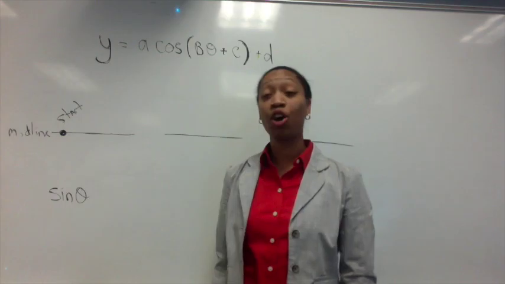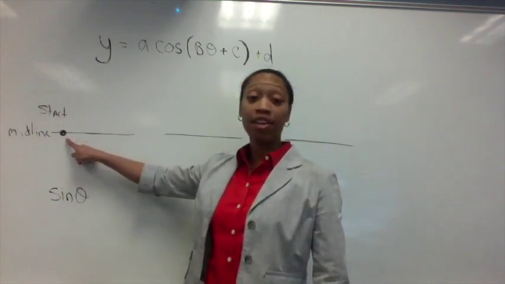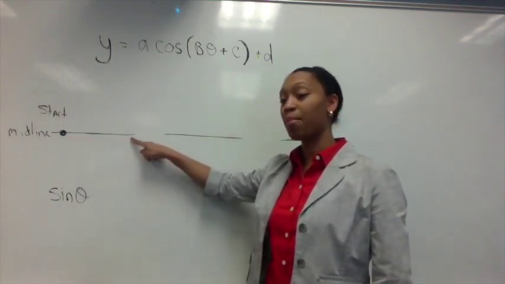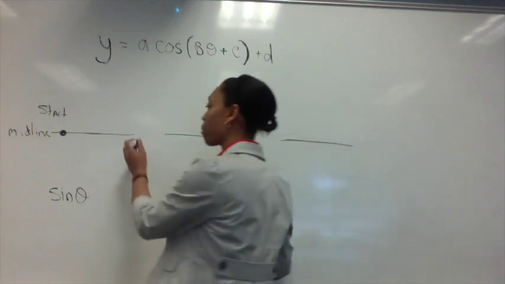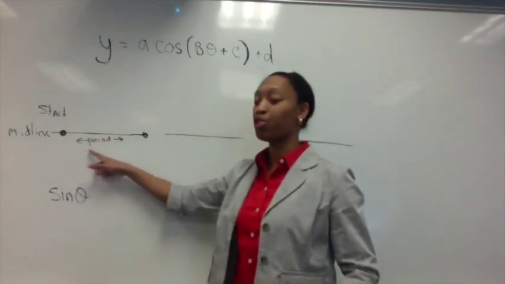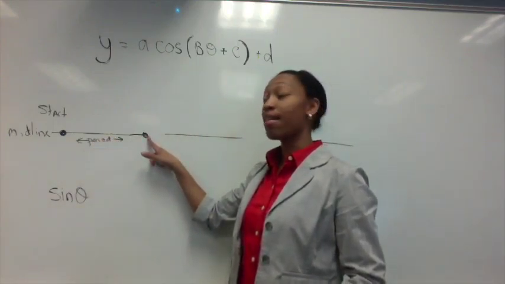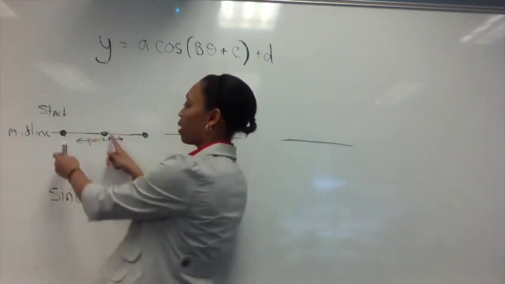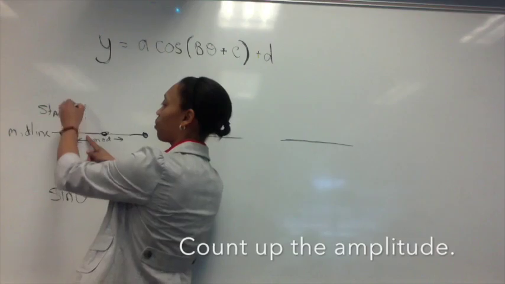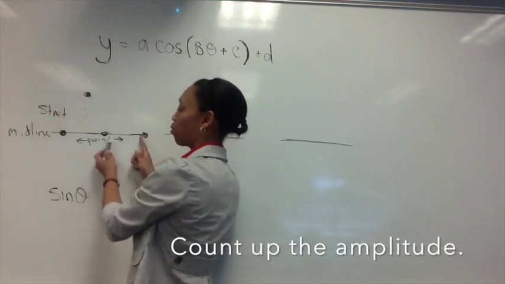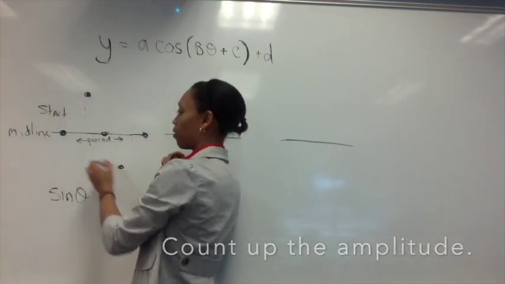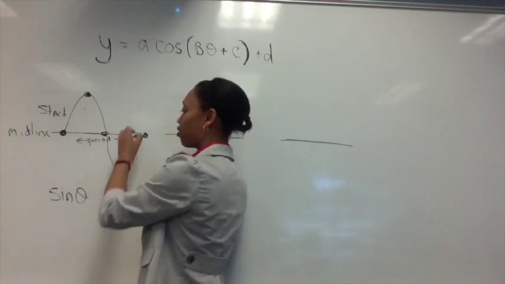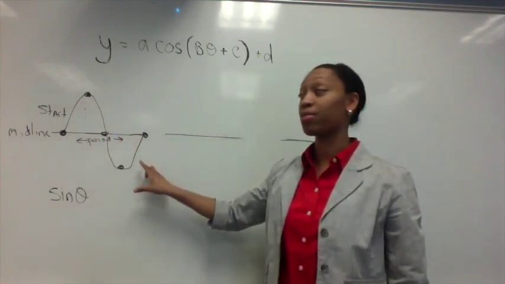And you start right on that midline. Then you have to add your period to that point to find out where you end. So you count the squares to your period to find where you end. Then you find a point in the middle. And halfway between these, you count up your amplitude. And halfway between the second two, you count down your amplitude. And there is your basic shape for sine waves.